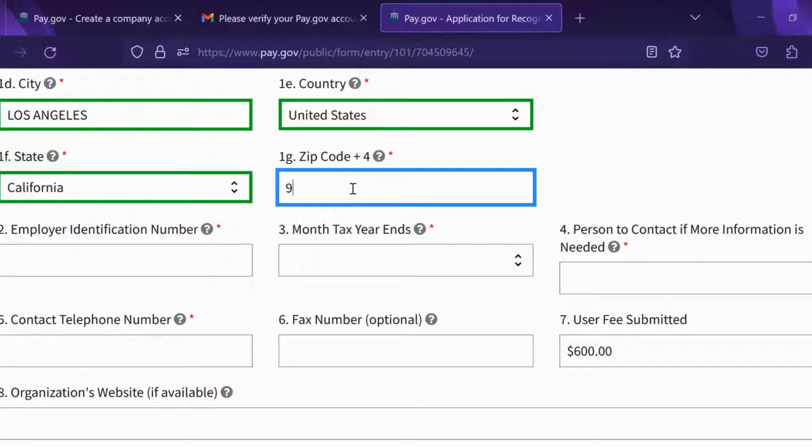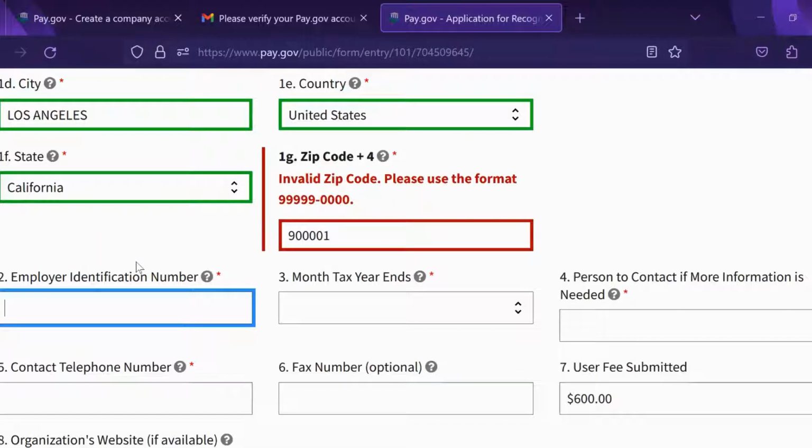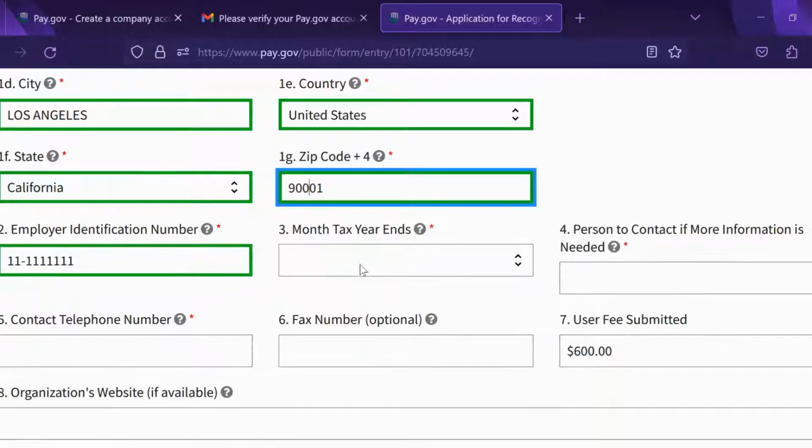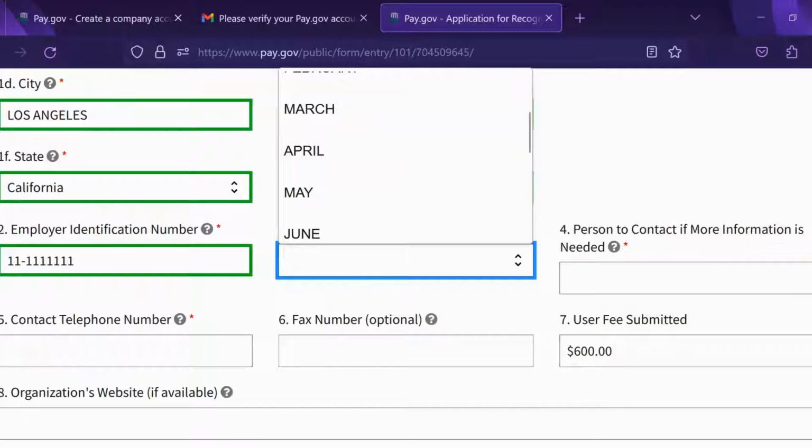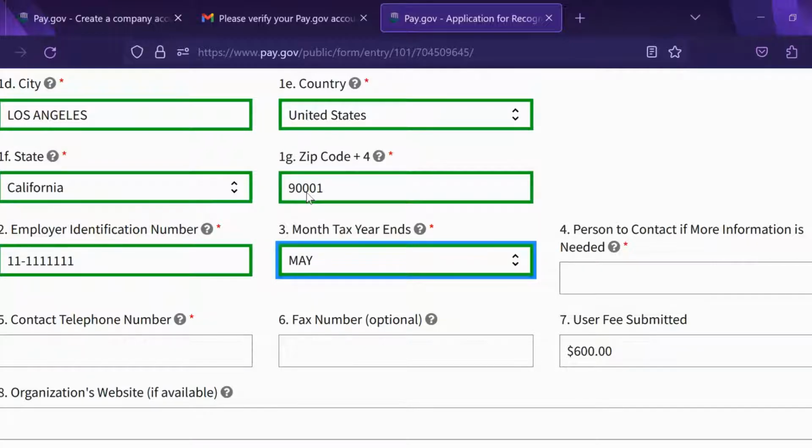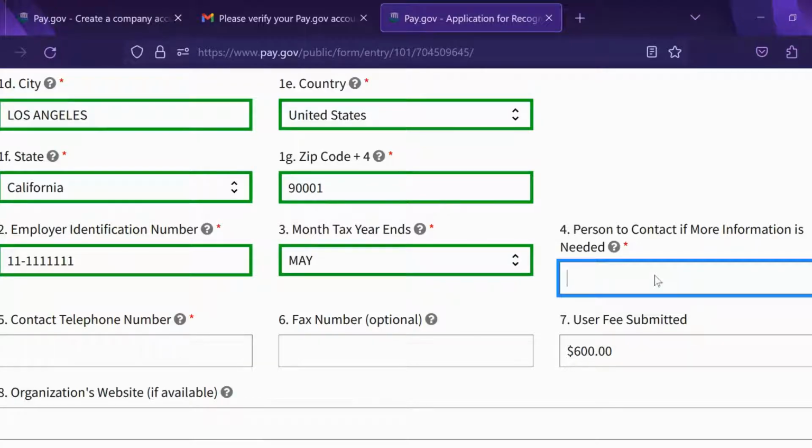And her zip. And her employer identification number. We entered too many zeros. And her fiscal year ends in May, and she is the contact person.